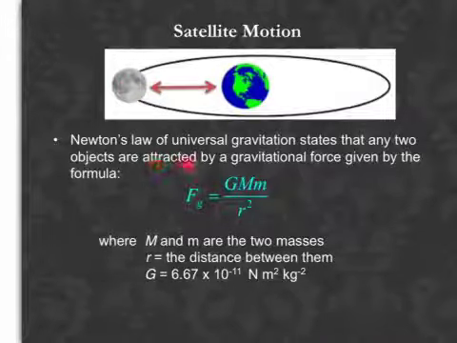They are attracted to each other by a gravitational force given by this formula. F, the gravitational force, is equal to G, a constant, that number is fixed, times the two masses multiplied together, divided by r, the distance between the two objects from center to center, squared.